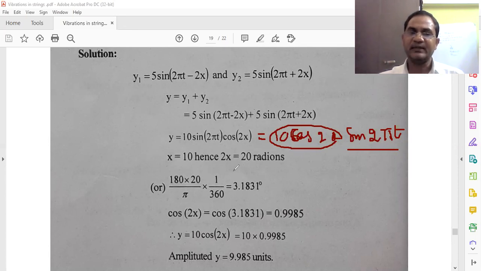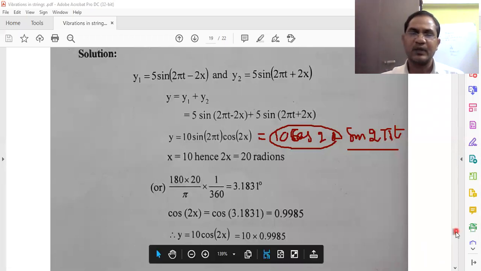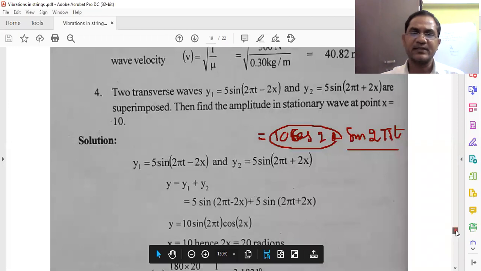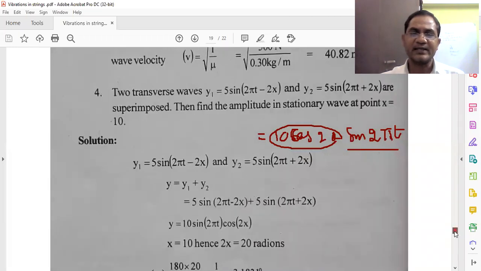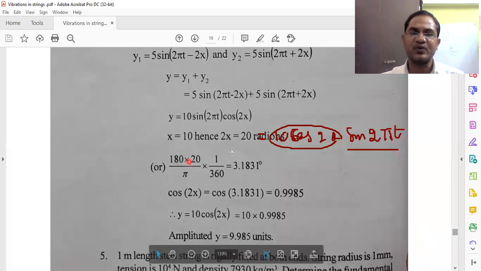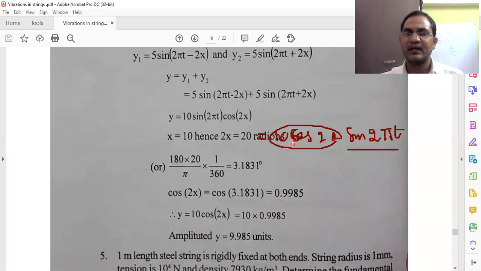So what is the question? He is asking for the amplitude at the position x equal to 10. So simply substitute into 10 cos 2x, with x equal to 10. Then it is 10 cos of 2 into 10, that is cos 20.